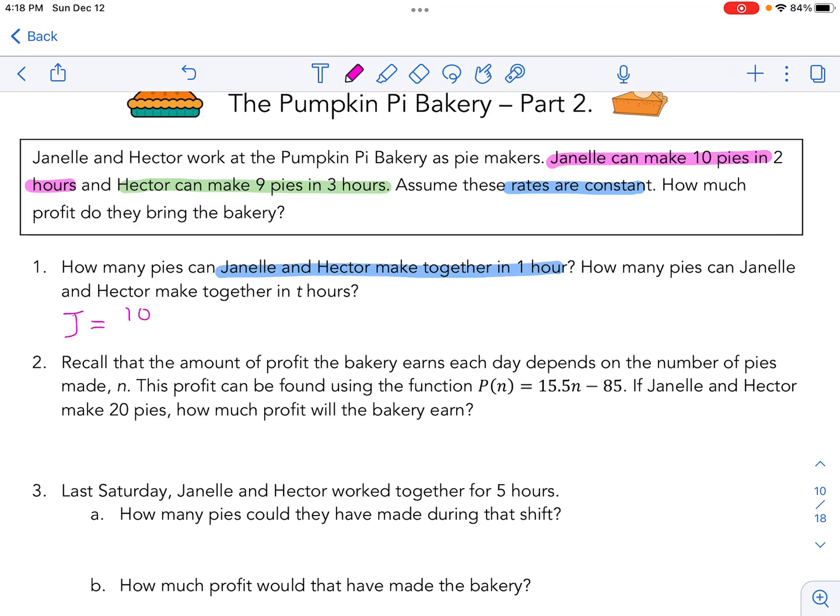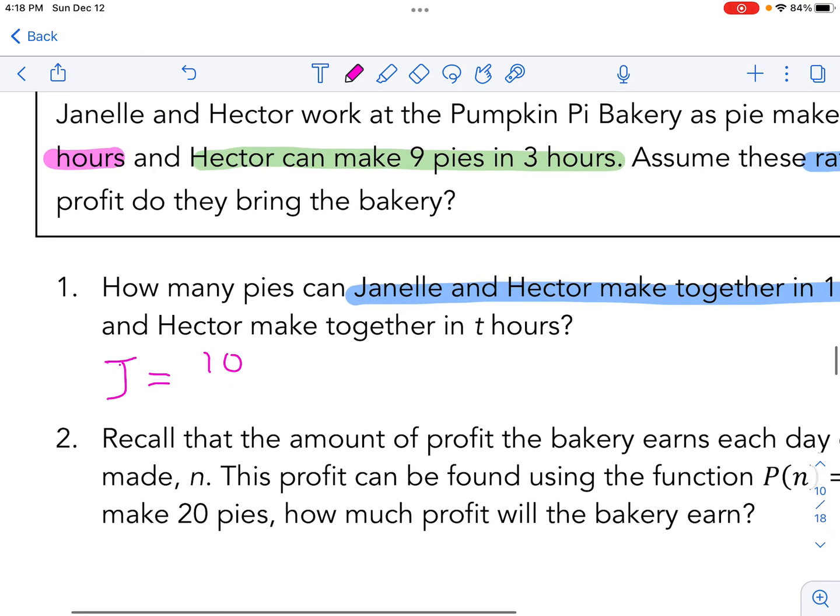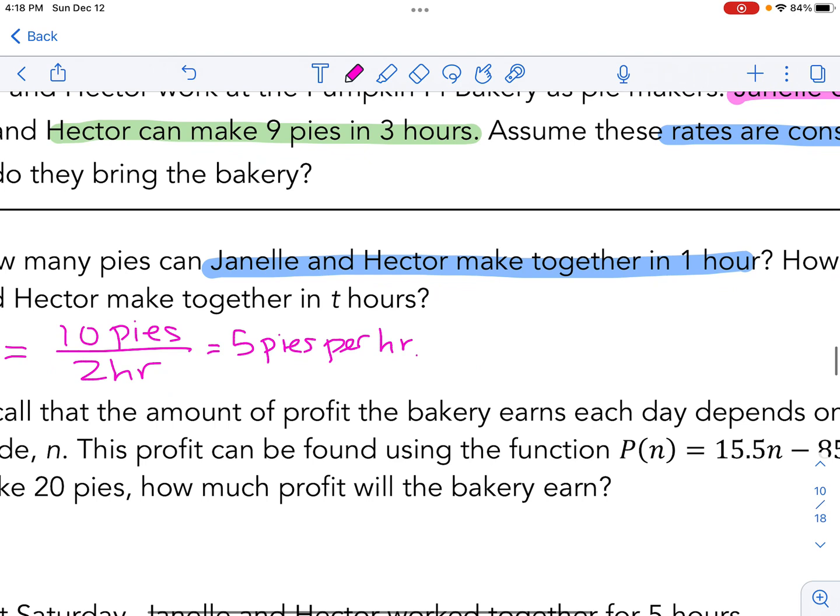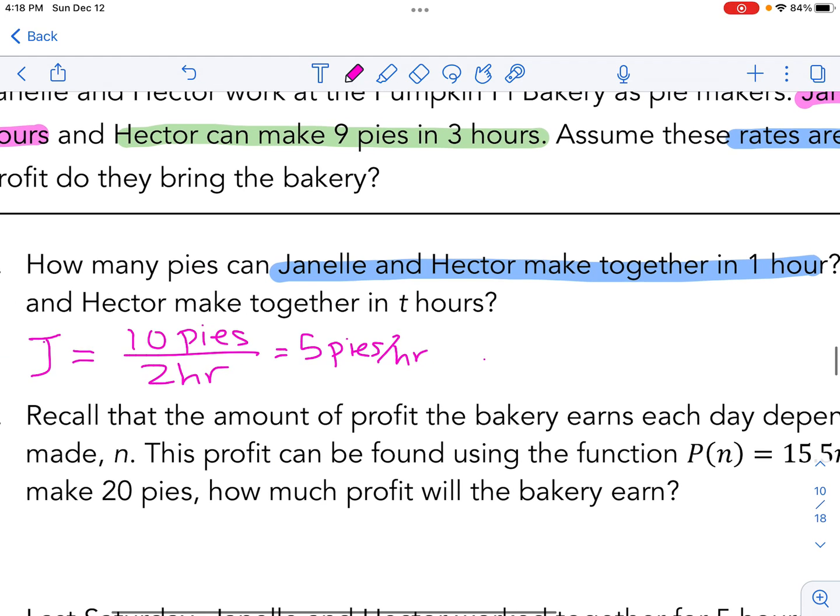So we know that Janelle makes 10 pies in 2 hours, and so that is 5 pies per hour. We could write it like 5 pies per hour, like a rate.